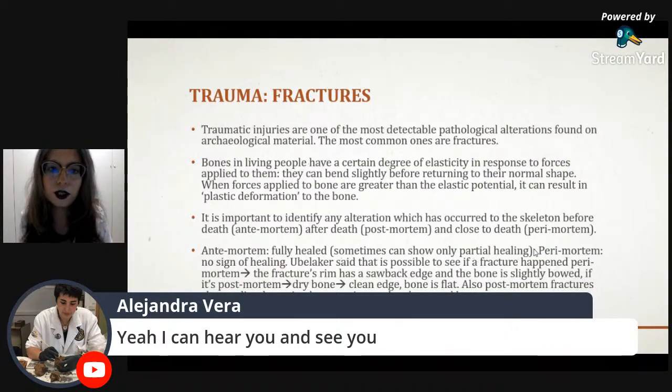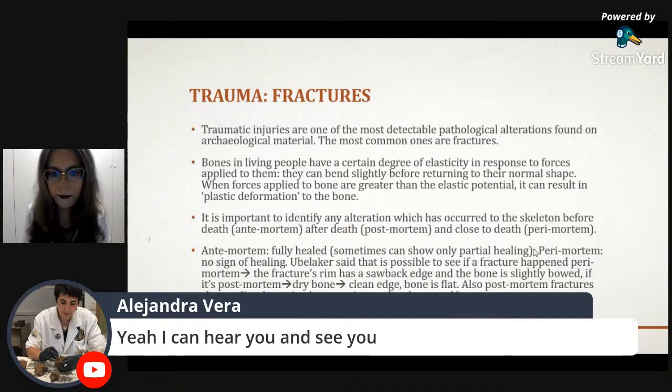Ubelaker, a very famous anthropologist, I believe a forensic anthropologist, said that it's possible to see if a fracture happened perimortem, while it's also possible to see if a fracture happened postmortem. So it's easy to distinguish the two of them.